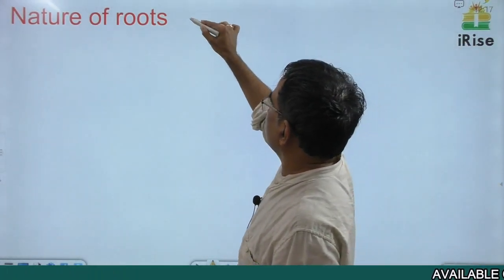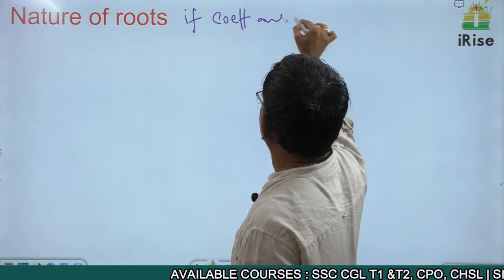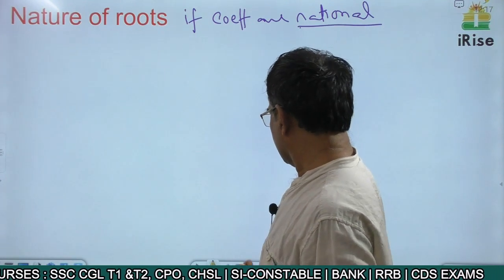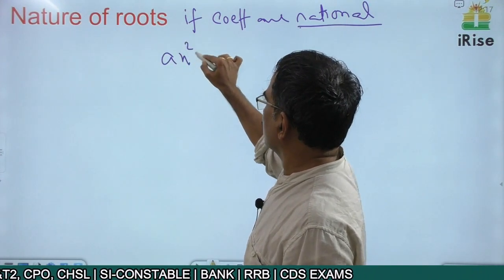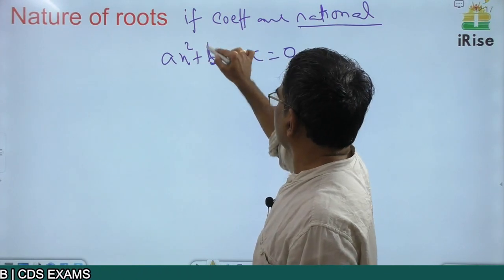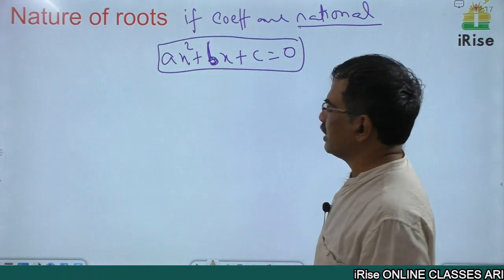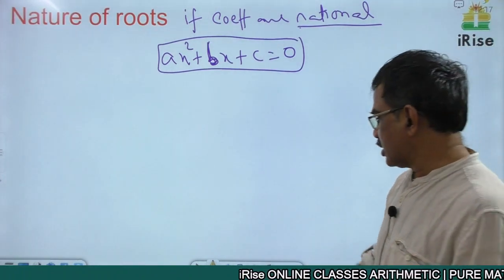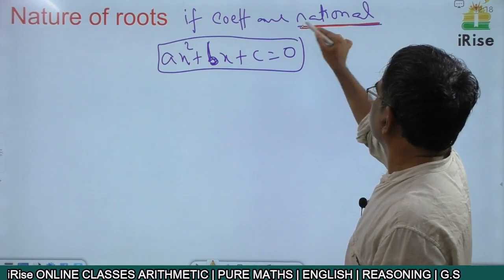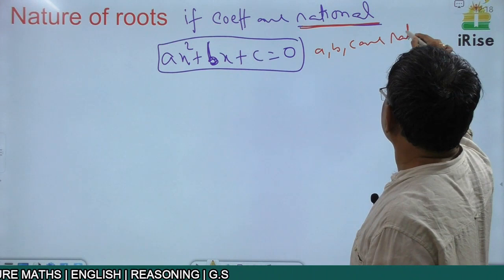Nature of roots if coefficients are rational. For example, ax square plus bx plus c is equal to 0 is a quadratic equation having rational coefficients. a, b, c are rational.